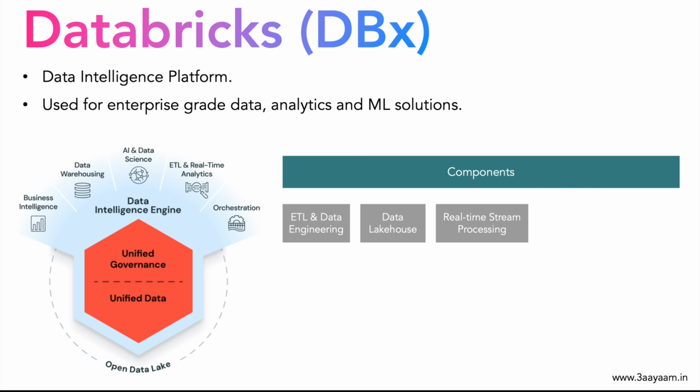When you looked at the data lifecycle, you had seen that there are two types of processing that can occur in a data engineering pipeline: batch processing and real-time processing. Databricks provides both. The batch processing would be done by the ETL and data engineering component, and the stream processing would be done by the real-time stream processing component.